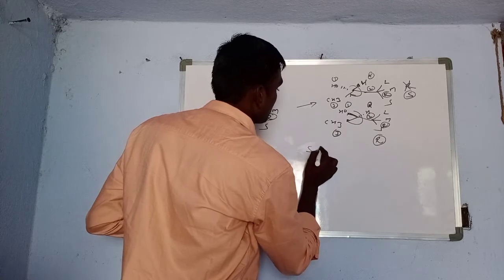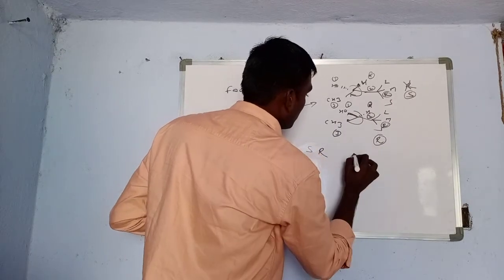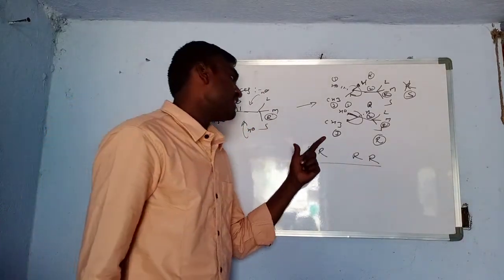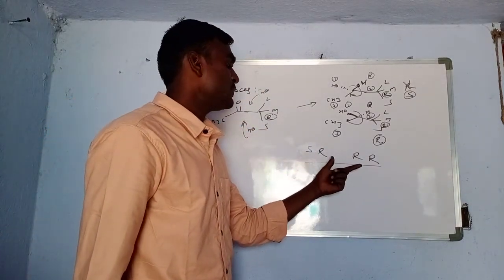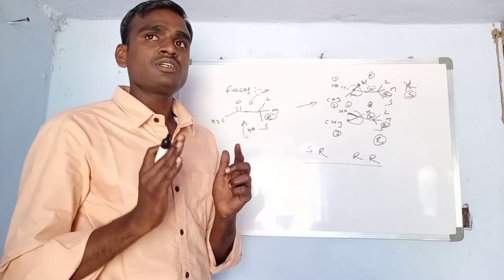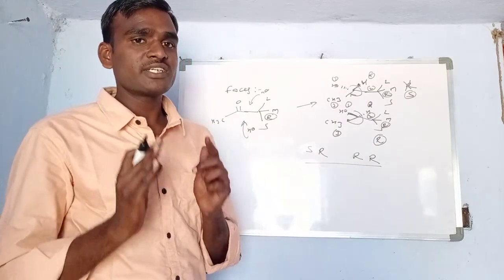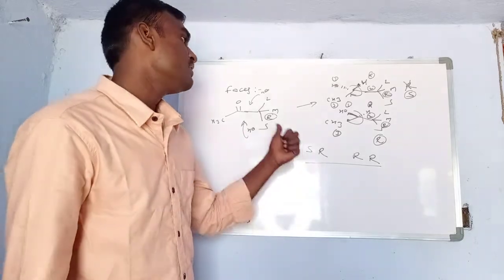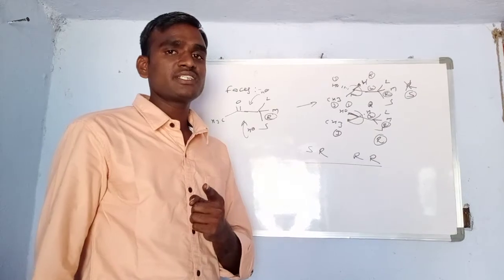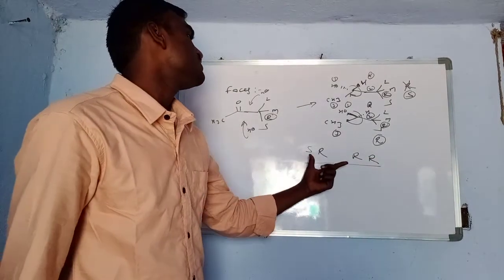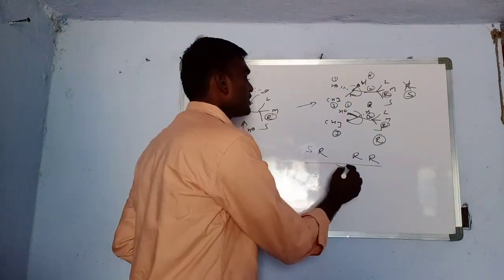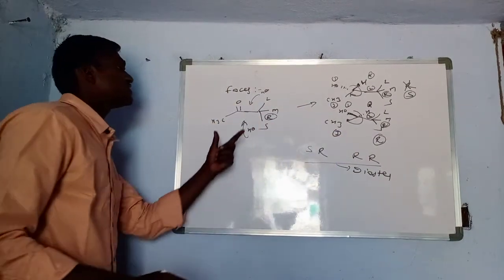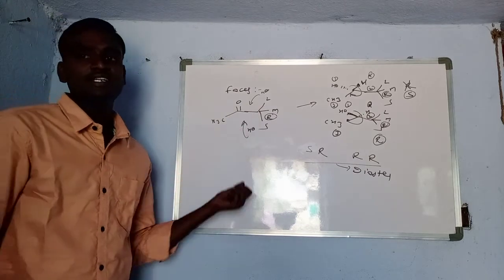S R, here R R. By seeing these configurations, only one chiral center configuration is inverted. Whenever all chiral centers are inverted, those are said to be enantiotopic in nature. But whenever only one chiral center is inverted, those are said to be in a diastereotopic relationship. Therefore these two faces are said to be diastereotopic in nature.